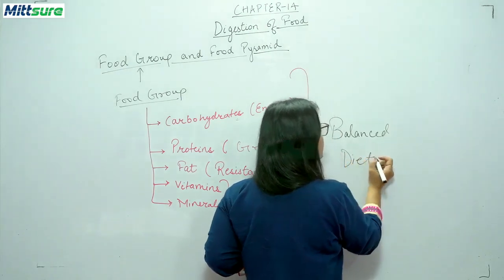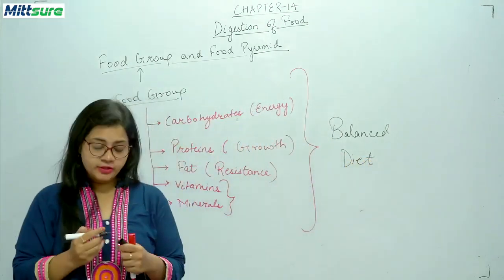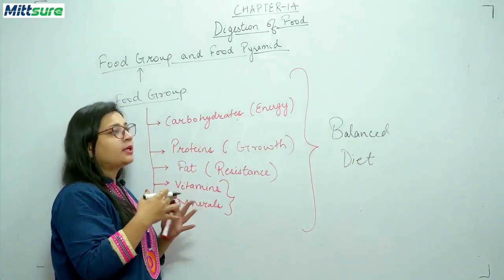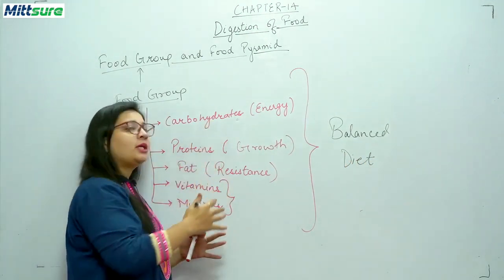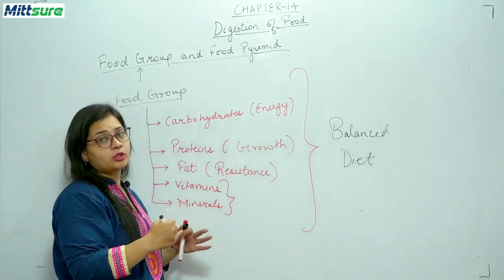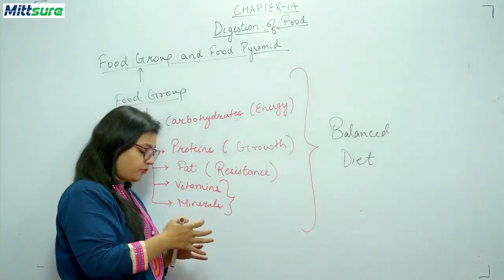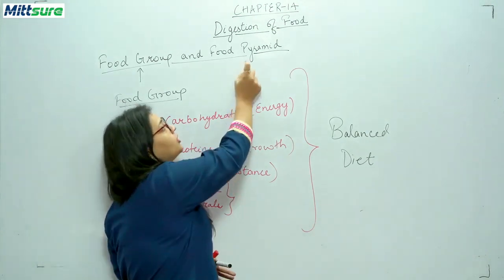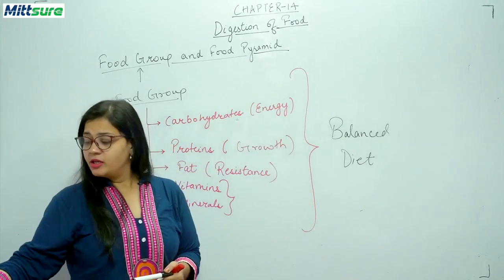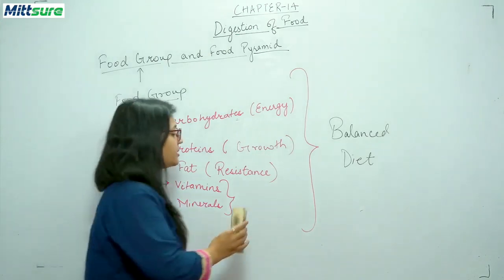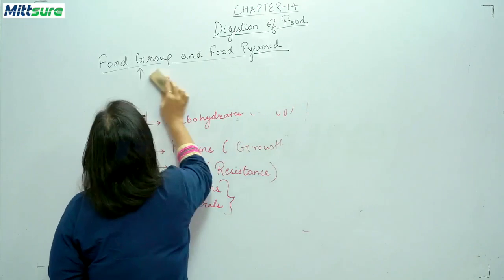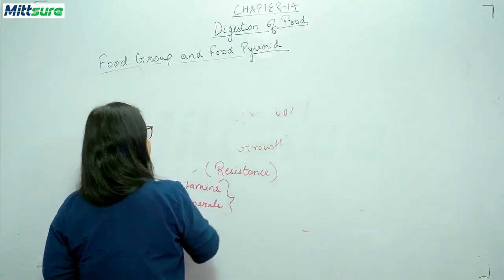Okay, so we'll be discussing which items we'll be including in our food, in our diet, and in how much quantity. This relationship, where we discuss what we eat and in how much quantity, is called your food pyramid. So we'll be discussing the next heading, that is food pyramid. Okay, so let's wrap this, then we'll be discussing that.